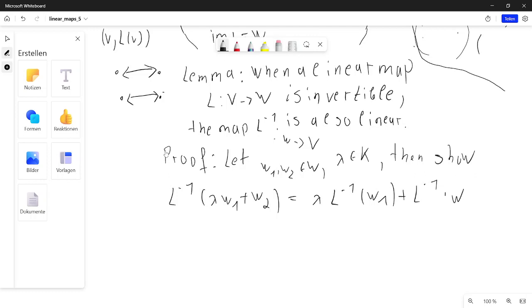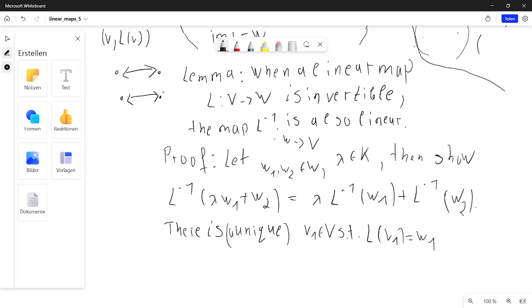Since for the inverse we need bijectivity, there is a unique V1 in V such that L of V1 is equal to W1, and the same for V2, an element V such that L of V2 is equal to W2.